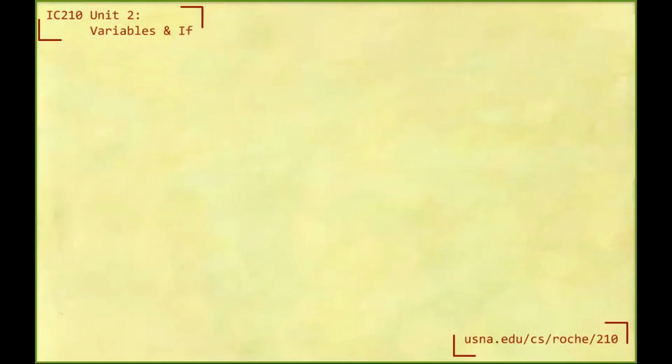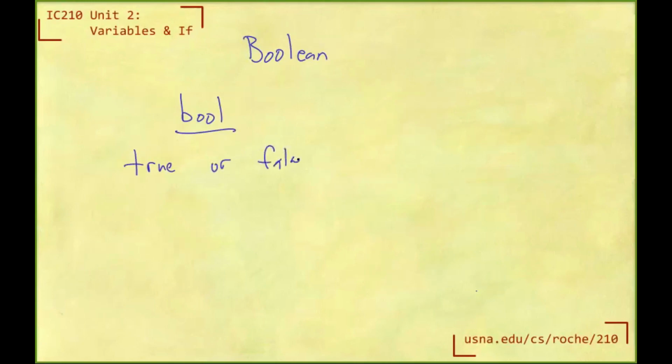Okay, and then there's one more type. We talked about numeric types and character-based type. There's one more, and that is a Boolean type, which is actually called bool. It's the only type of its kind, and it can only have two values, true or false. And those words, true and false, are special keywords in your program that refer to the true and false values of a bool.